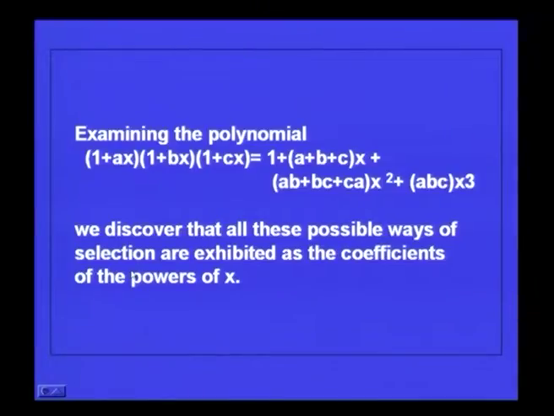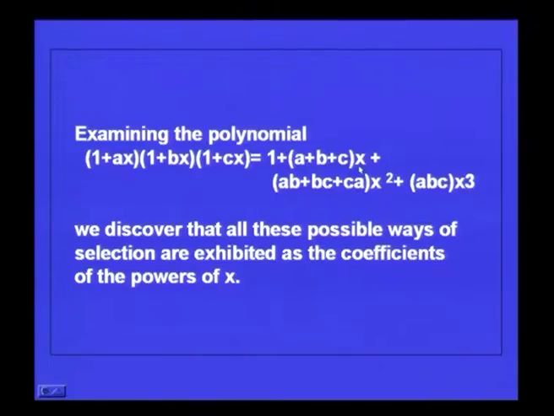Now, if you look at this polynomial, (1 + Ax)(1 + Bx)(1 + Cx), if you expand this, it is equal to 1 + (A + B + C)x + (AB + BC + CA)x² + ABC x³.